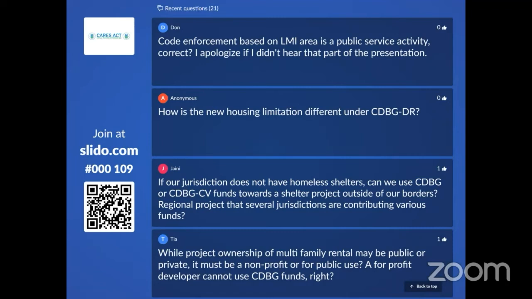It is not a public service. It's a separate activity under the broad rehab regulations in 202. It's 202(c), and no apology necessary, but it's not a public service. You just have to make sure that it's being used for the eligible purposes identified in 202(c).